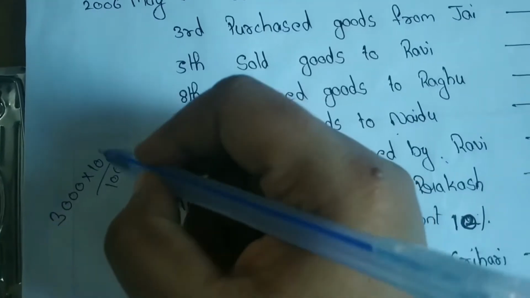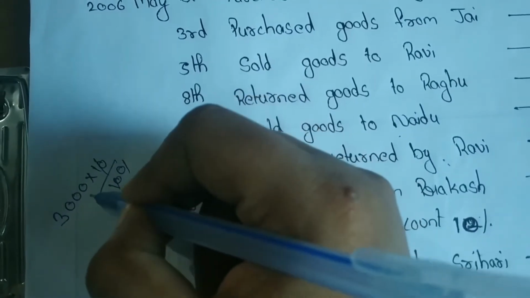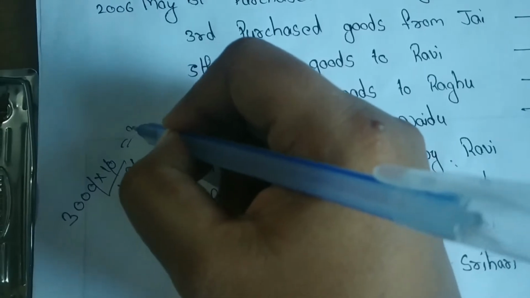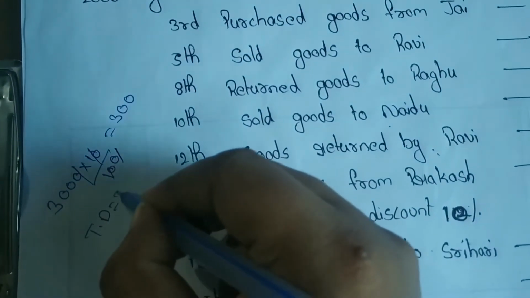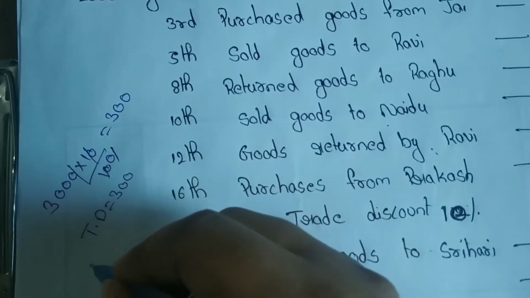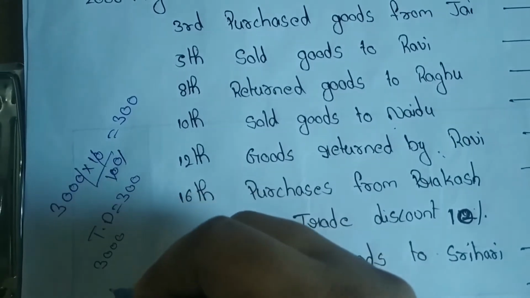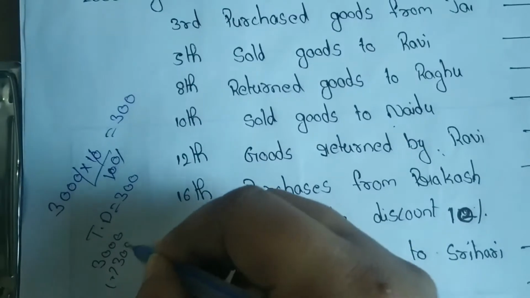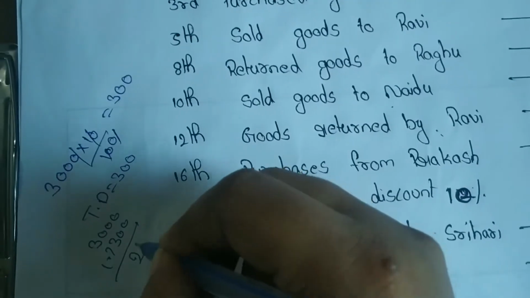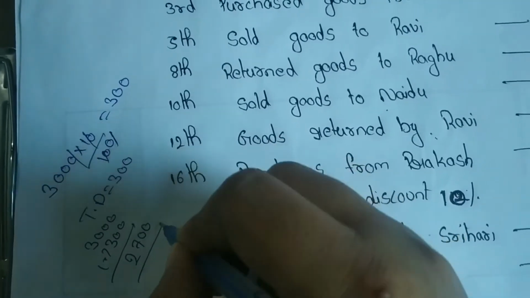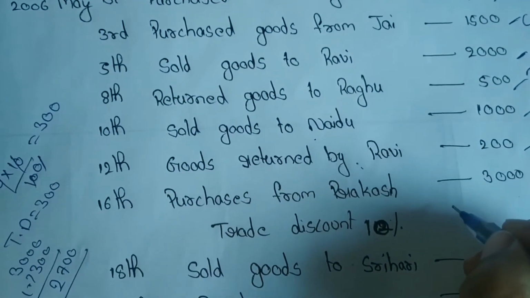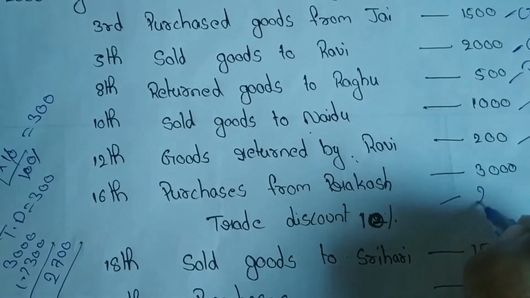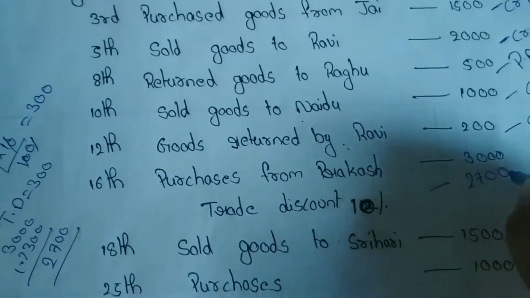It means 10 by 100 times 3000, which is 300. So the trade discount was 300. Total amount 3000 minus 300 means 2700. This is the amount you need to pay to Prakash.